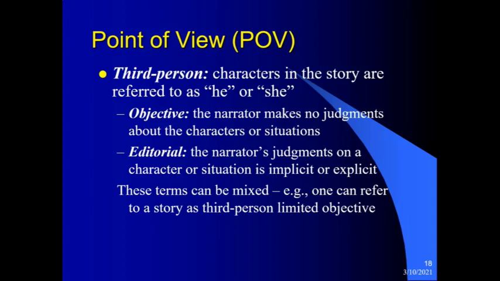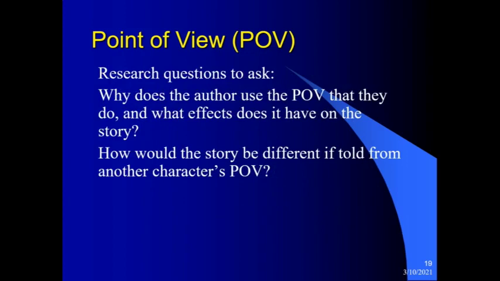Again, the sorts of things you'd be asking is, why does the author use that point of view? What effect does it have on the story or the book? If you have a book that's told from multiple points of view, for instance, how would it change if it were told from the point of view of just one person in first person point of view?